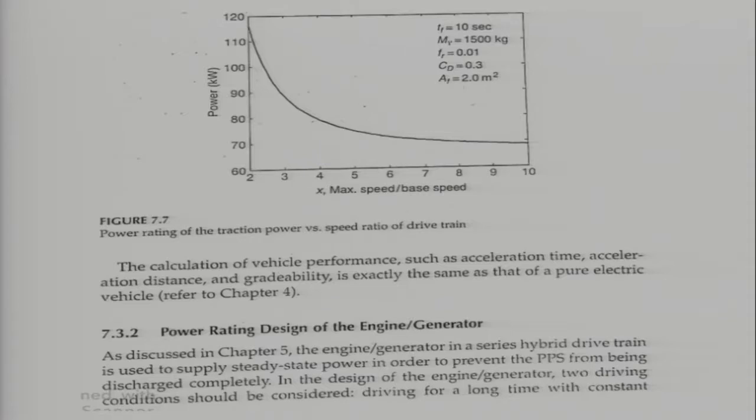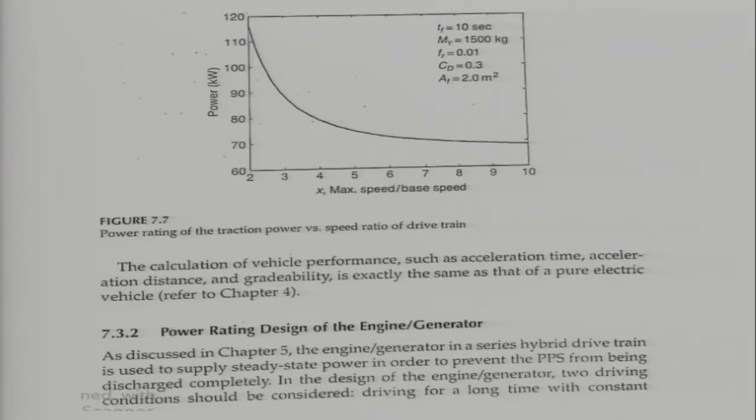So this is the power rating of any traction motor as a function of the ratio of maximum speed to base speed. When the ratio is equal to 1, you have maximum power. When maximum speed divided by base speed increases, the power rating goes on reducing. That is how you can see here.